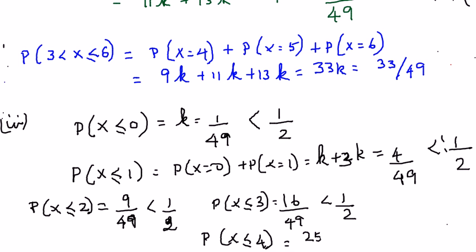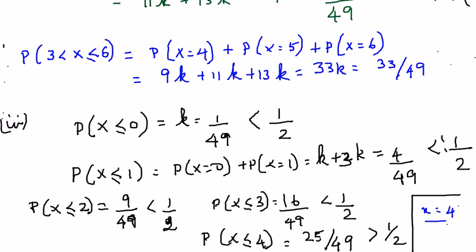And 25 by 49 is going to be greater than 1 by 2, because it is, in fact, more than 0.5. If you had 50, it would be 1 by 2. It's 25 by 49, so it's a little greater than 1 by 2. In that way, you know that the smallest value of x for which P(X less than or equal to x) is greater than half is when x is equal to 4.